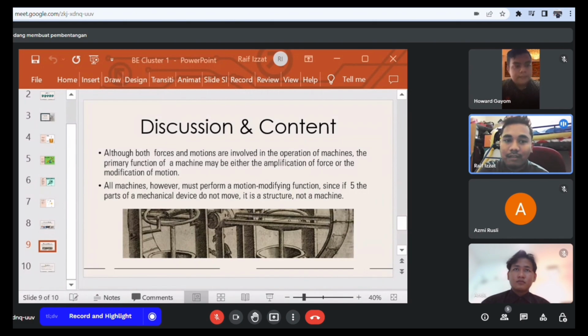The motion and force in a machine are inseparable, however, and are always in an inverse ratio. The output force on a lever is greater than the input force, but the output motion is less than the input motion.